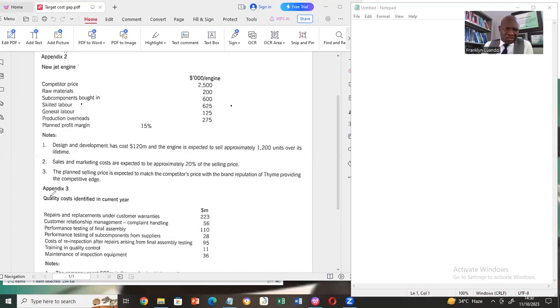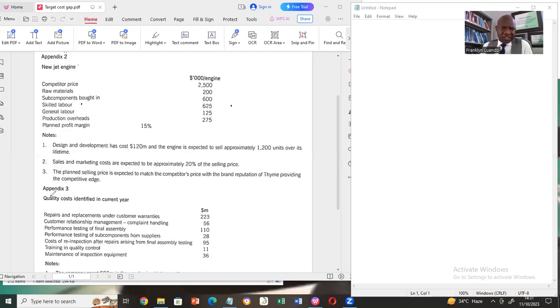Under the notes, design and development has a cost of 1.2 million. This would be in thousands, so it will be 120,000 because on top we are using thousands. That is the total. And the engine is expected to sell approximately 1,200 units over a lifetime.